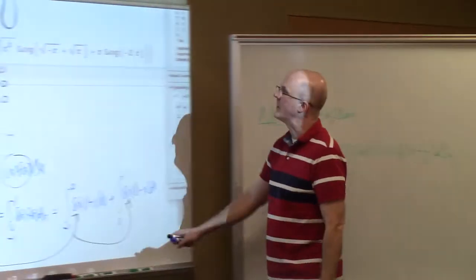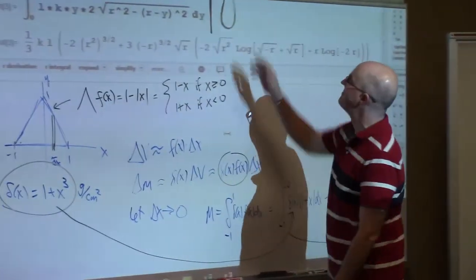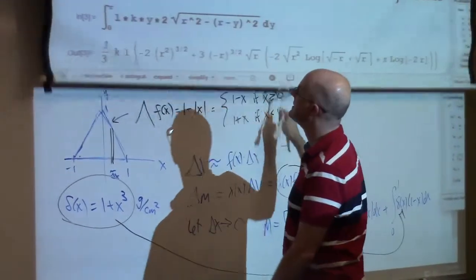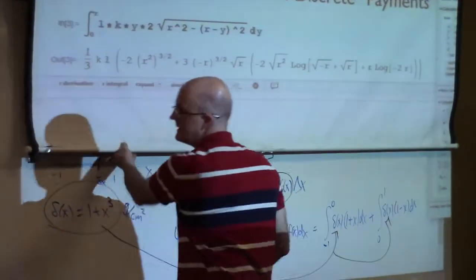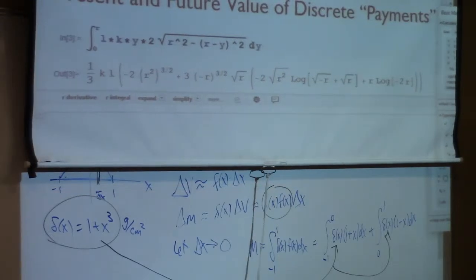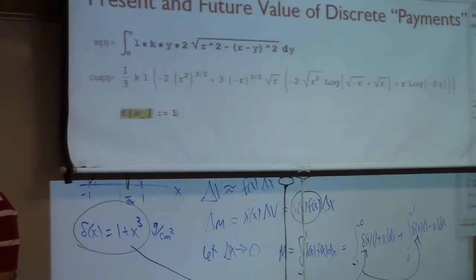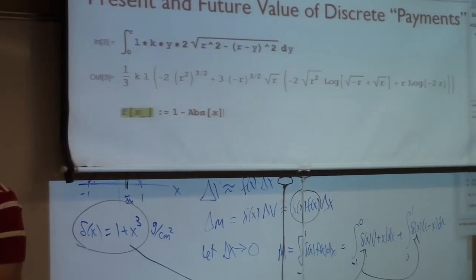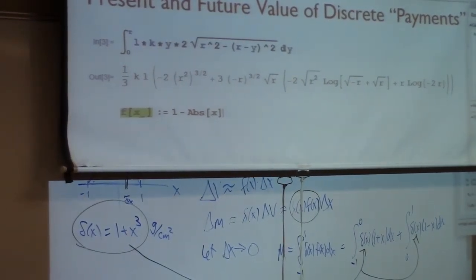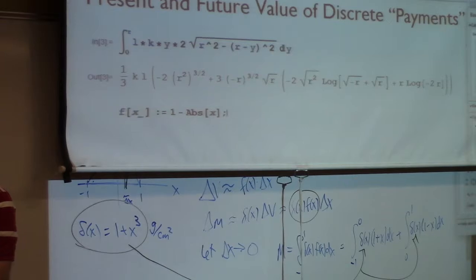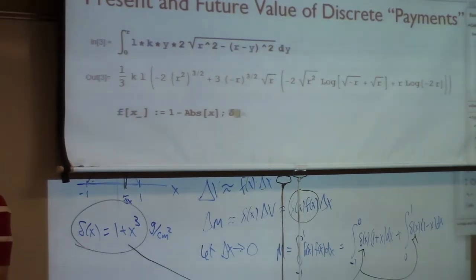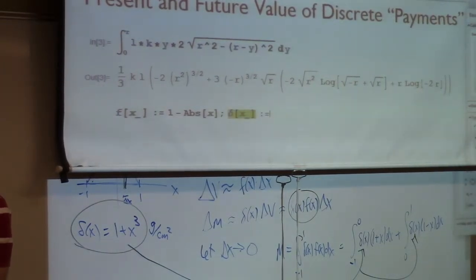On Mathematica, we can do it all at once. As one integral, I can type in the f of x function, 1 minus Abs of x, which stands for the absolute value of x. The delta of x, again, I'm taking to be 1 plus x cubed.